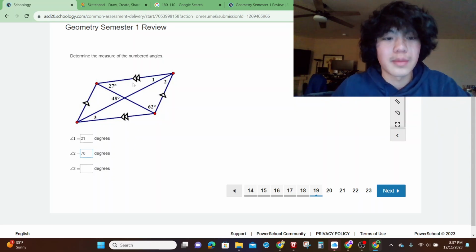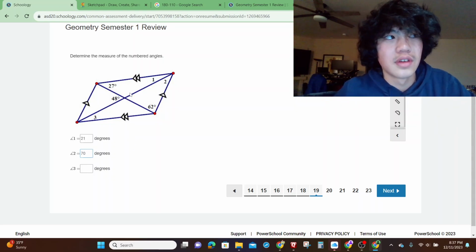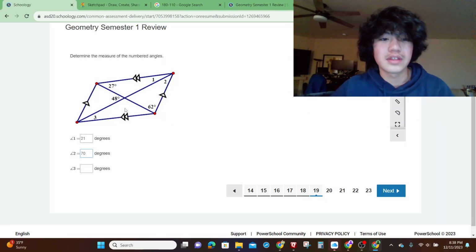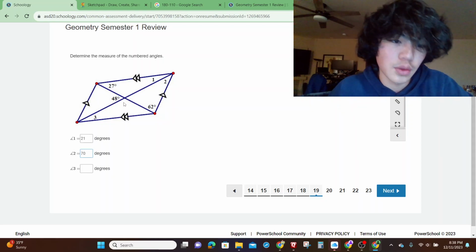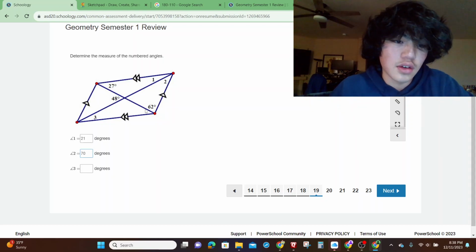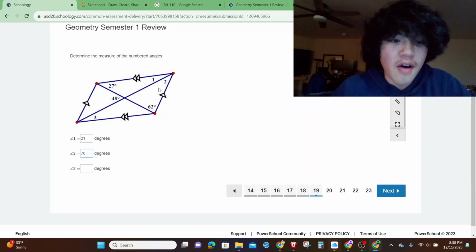Then, if we remember from earlier, it was 132. This angle is 132. So vertical angles, put the 132 right there. Then, let's look. What can we put right here?